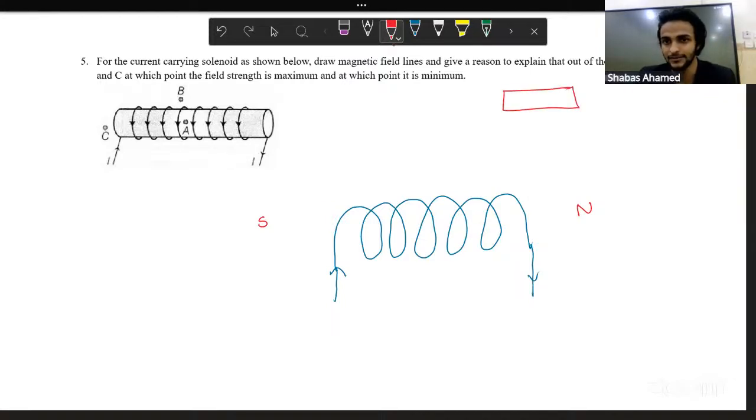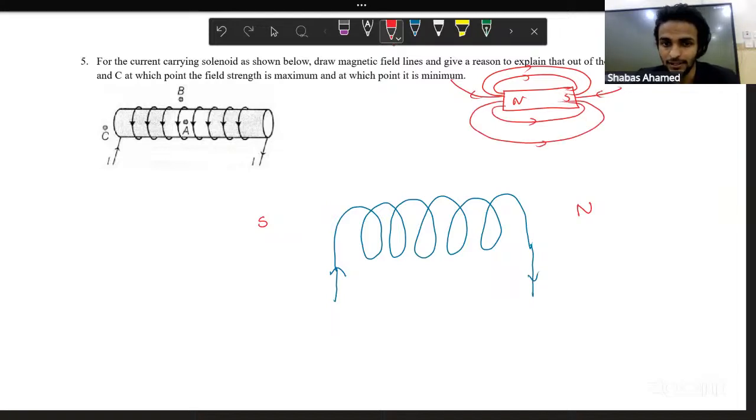Around a bar magnet, this is the north pole, this is the south pole. The arrow is like this, north to south. You know how to draw this one, right? This is exactly similar here, so I'm just drawing that. Here this is the north pole, this is the south pole.